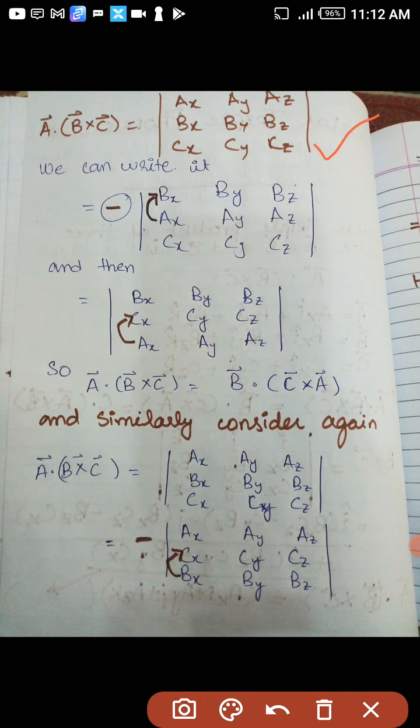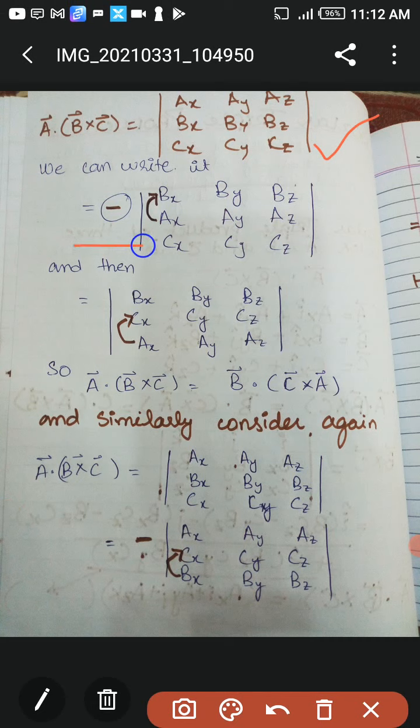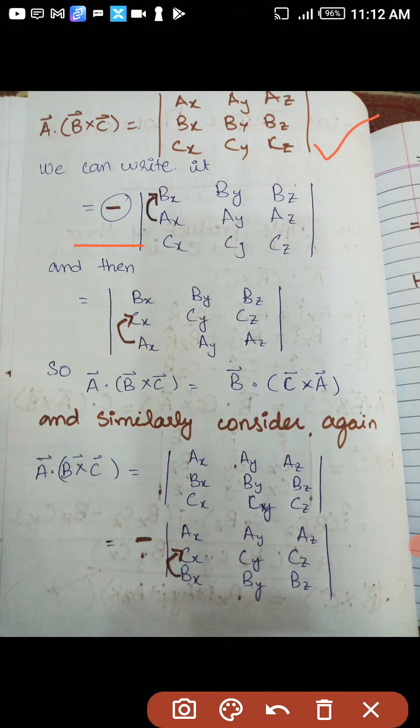Now you have to understand what we can write. If I take this term ax ay az and bx by bz, and I replace the places of ax ay az and bx by bz, then the negative sign will be there, a minus sign outside the determinant.